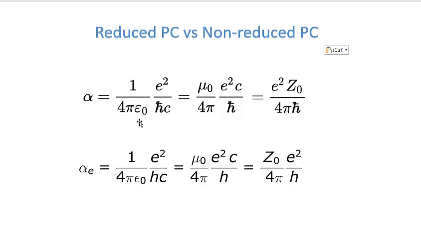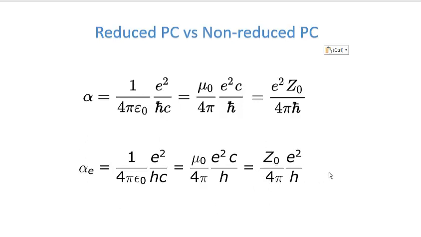All I did here was replace h bar by h, and I left everything else the same, because this 4 pi belongs to permittivity, and this 4 pi belongs to permeability, and this 4 pi belongs to the impedance of free space.